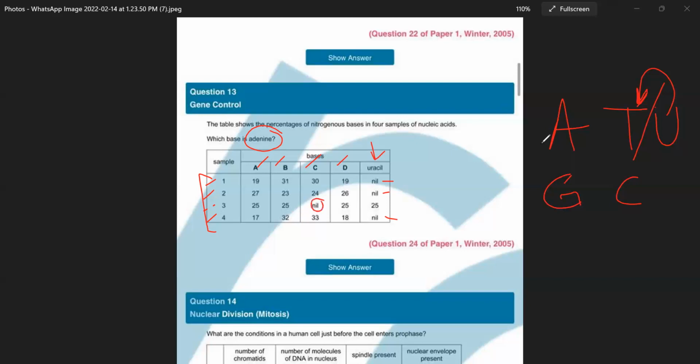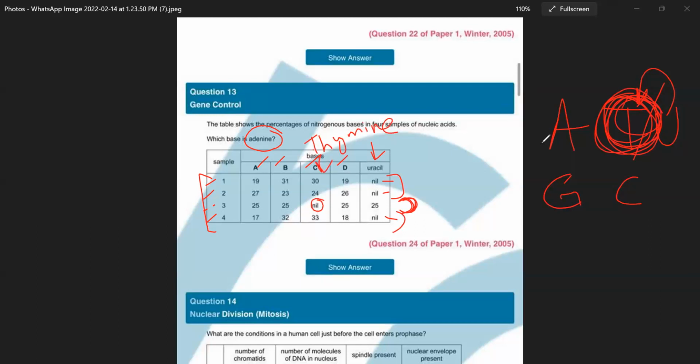Which means if these are DNA, this is going to be RNA, which means the other one is T. So C, we know, is thymine. Is that clear?